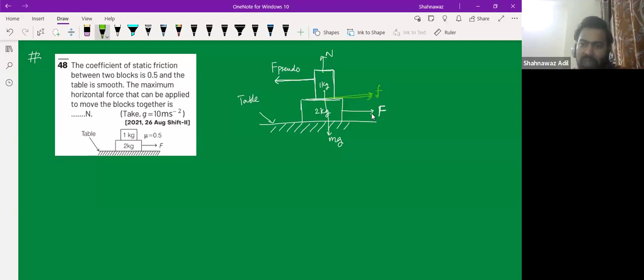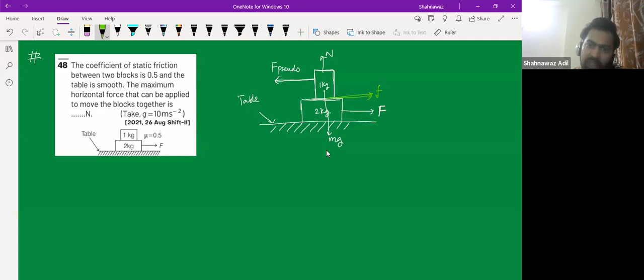Sometimes whenever you apply some force, friction is along the direction of this force, and that is making this block move. Otherwise, if this were frictionless, due to inertia this block would drop down. It doesn't have any friction, so it will not go in this direction.